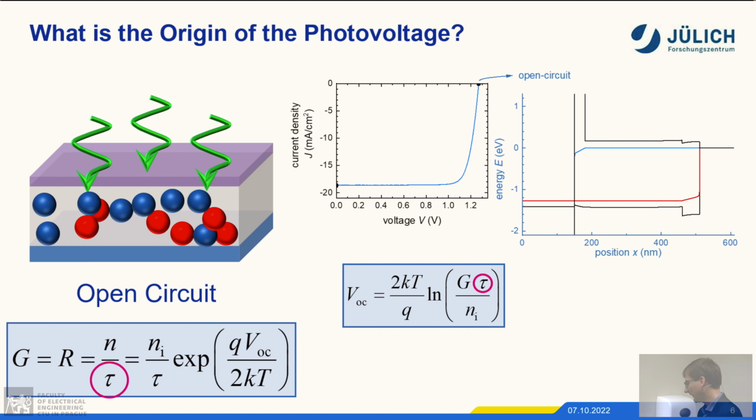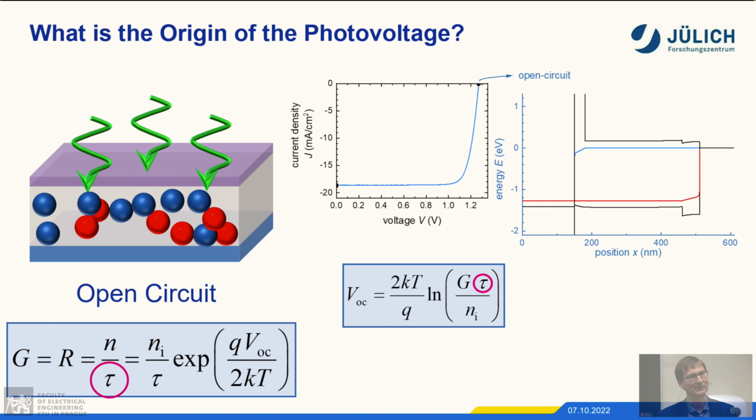Okay, so I can only explain the open circuit situation with many photons and some steady state condition that is created, right? A very simplistic way of explaining that in equations would be to say the average generation rate is equal to the average recombination rate. Many people at this point would write the recombination rate as carrier density over tau.